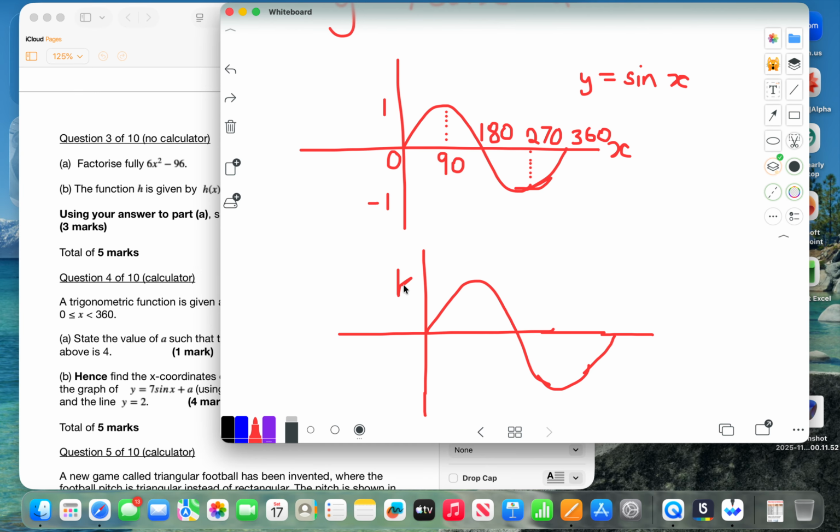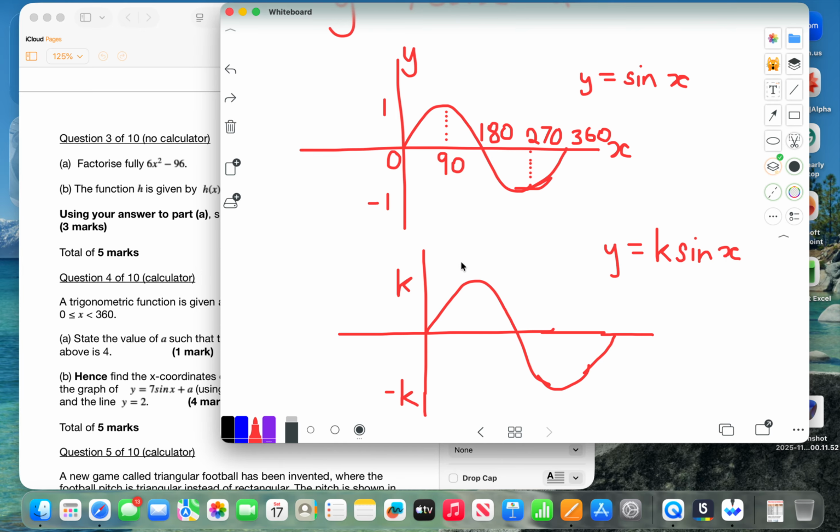So your maximum is k and the minimum is -k. We now have y equals k sine x. So we are stretching it in the vertical.